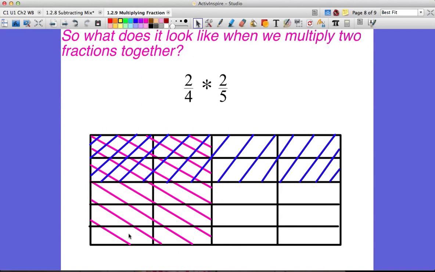So now I have to split it and make it even smaller. In this case, I get 1, 2, 3, 4 pieces that were both cut into fourths and fifths, which would make sense because I have 4 on top. And I know that I got 20 pieces total. So my answer here would be 2/10. Simplified again would be 1/5.